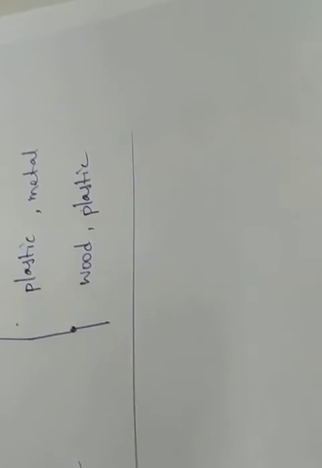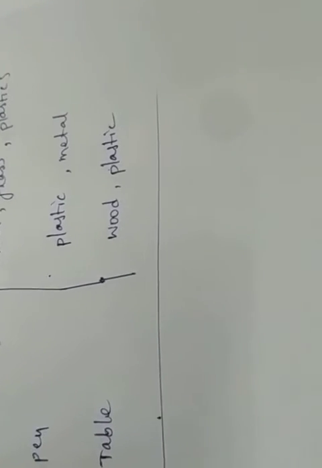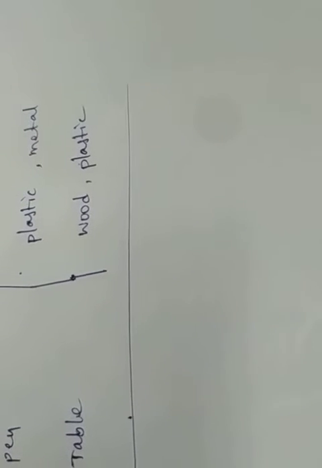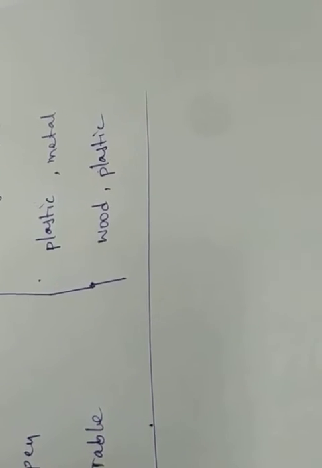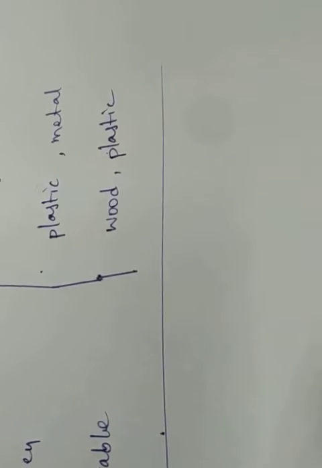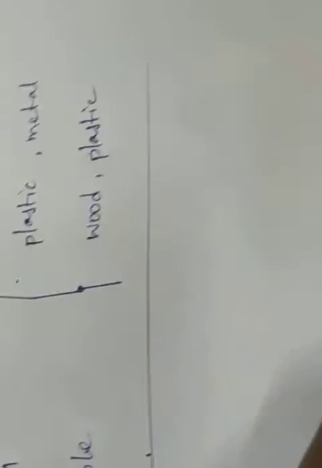And the next one: different types of objects that are made from the same material. With one material, different objects are prepared. We can list the material and the objects. Now do one activity.